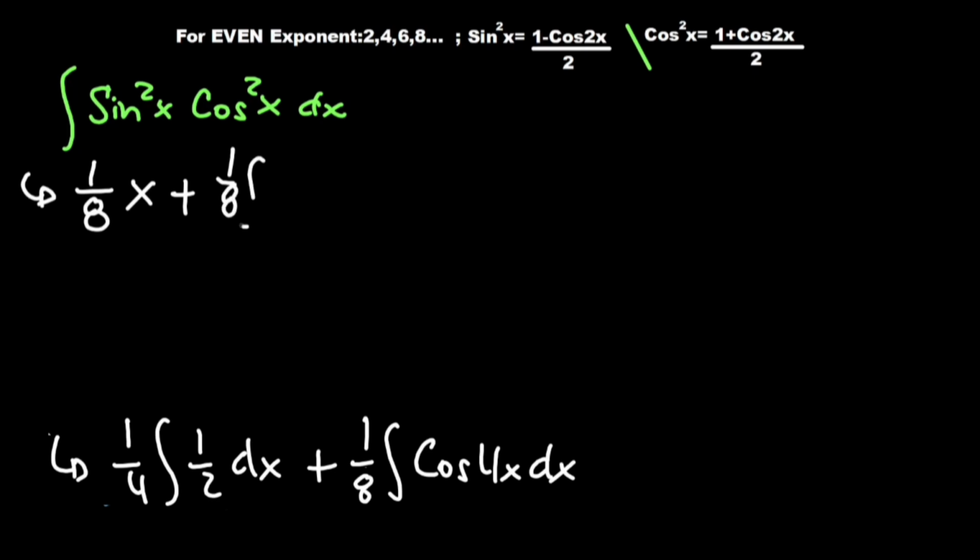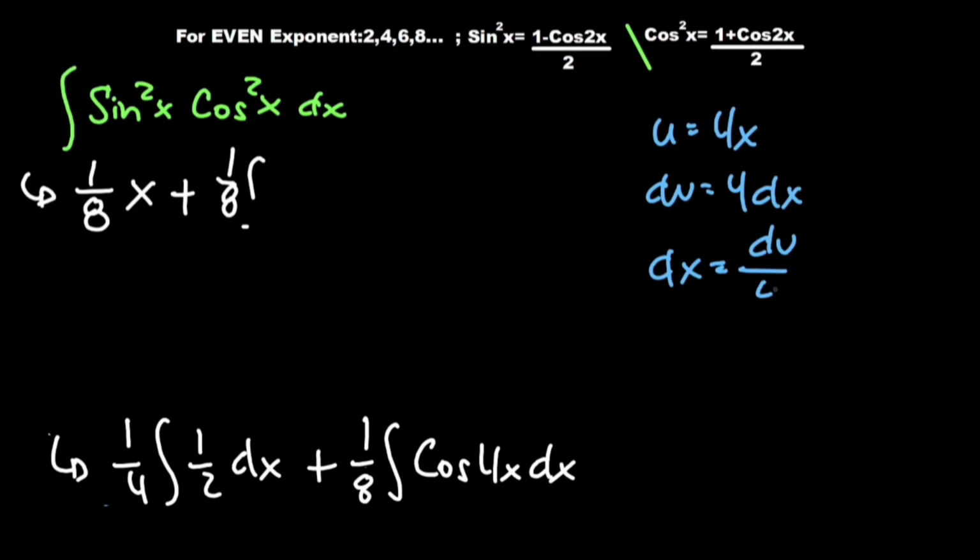Plus 1/8 integral of. Focusing on the second one, let u here be 4x. Derivative of 4x would be 4 dx. So this would be cosine of u. dx is du over 4.